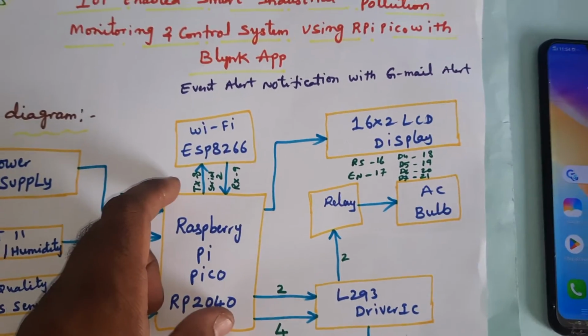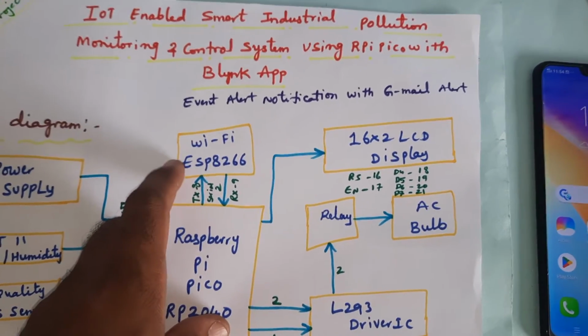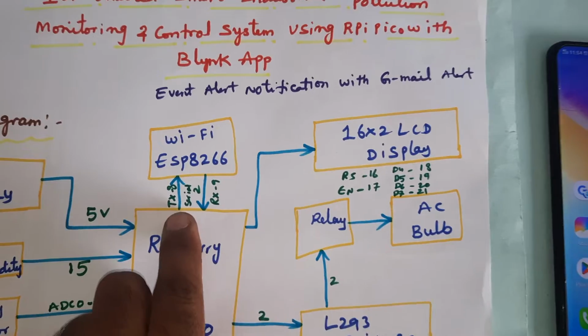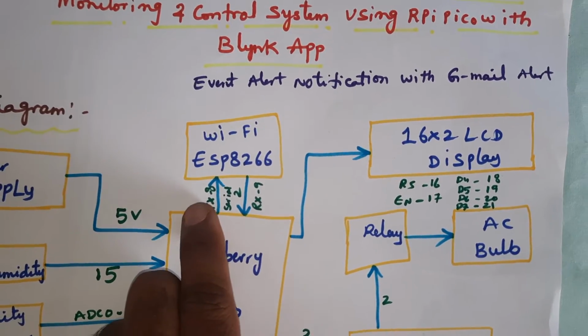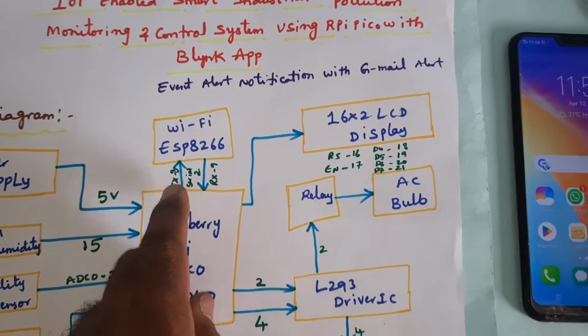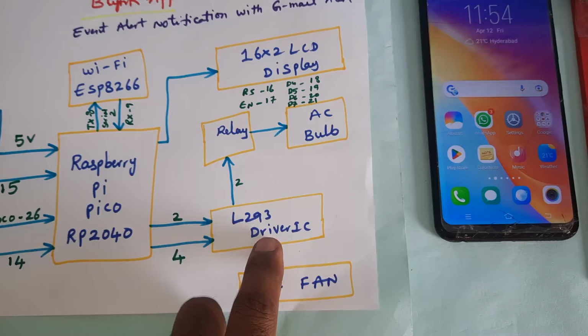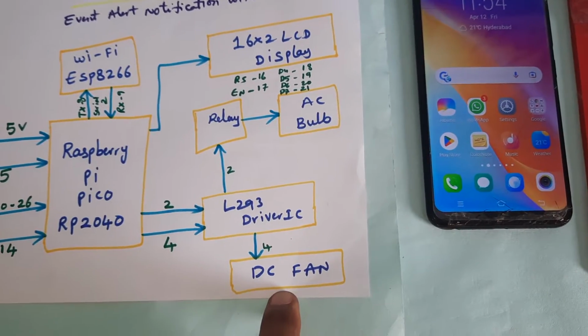We are using the ESP8266 IoT device, AI Thinker module, and it is sending the data through serial communication, TX pin 8 and RX pin 9. We are using one L293D driver IC, and we are controlling the DC fan.